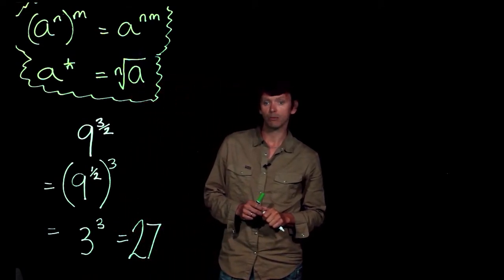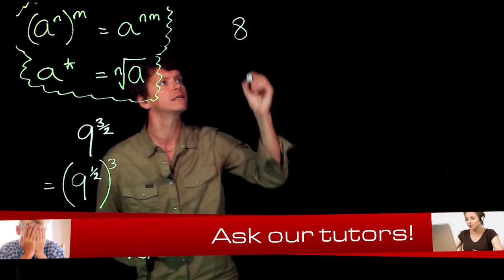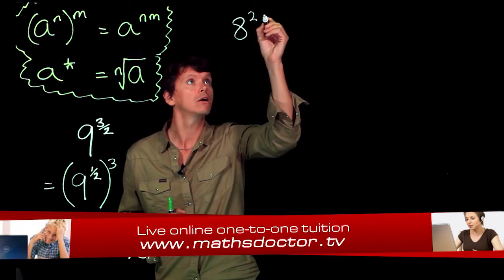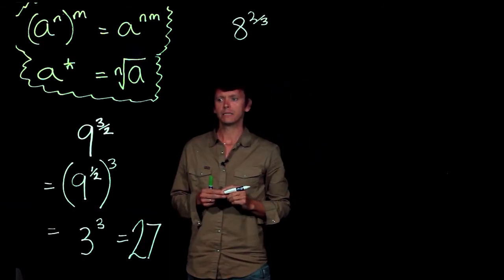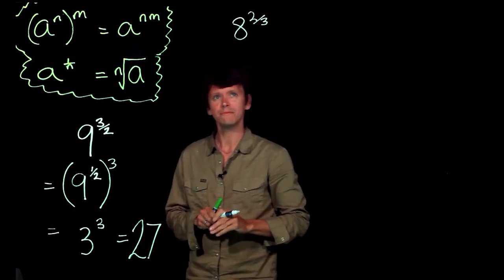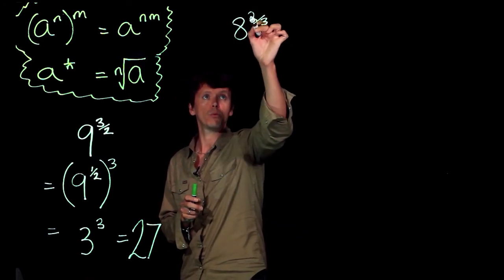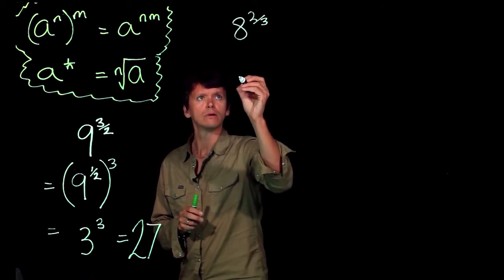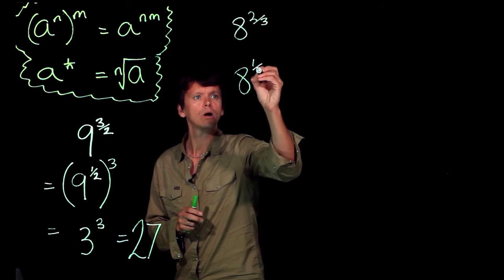Let's have a look at another example. Say we've got 8. We're going to raise 8 to the power of 2/3. Again, I want to find a fractional power that has a 1 in the numerator. So I'm going to say 8 to the 1/3.